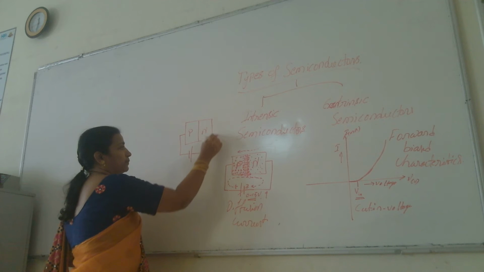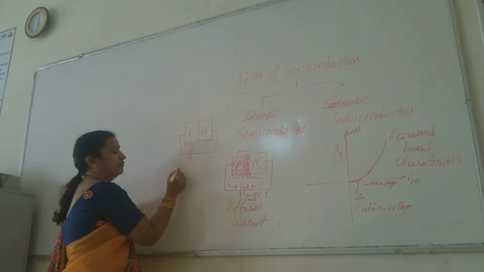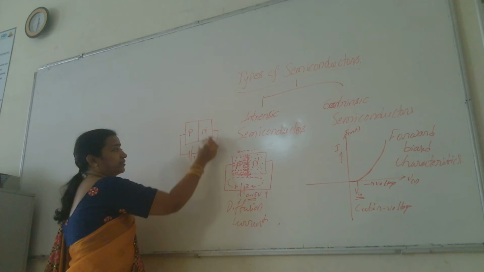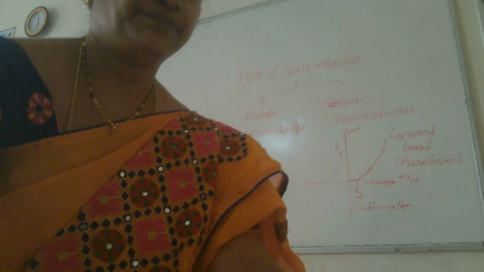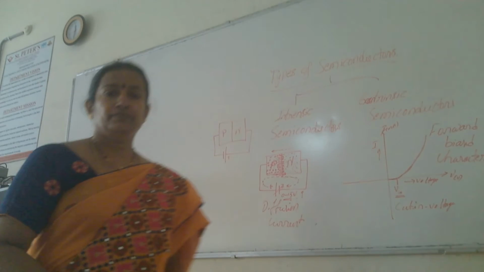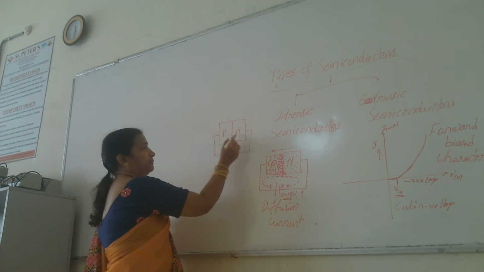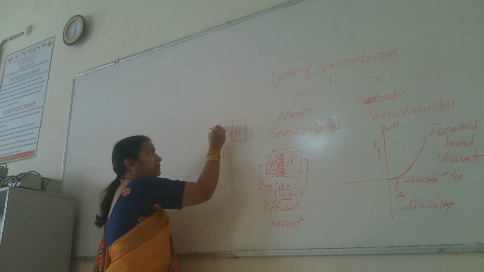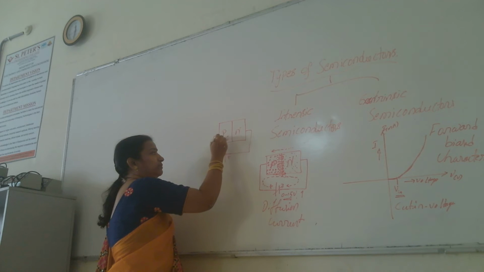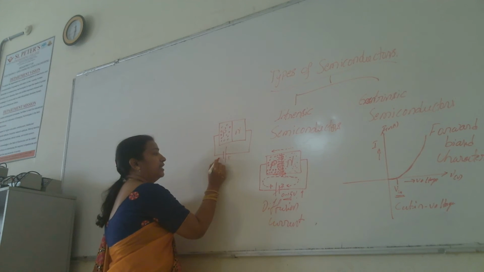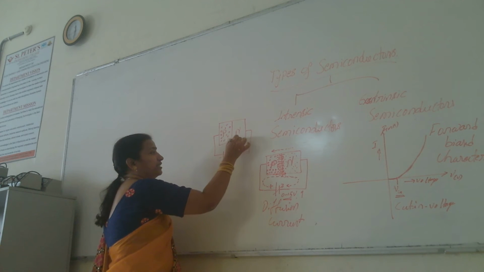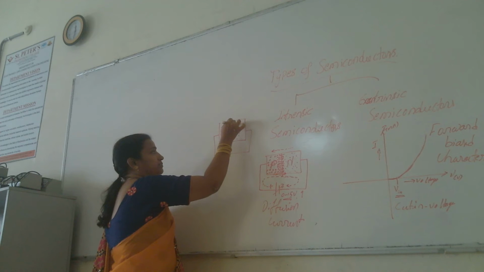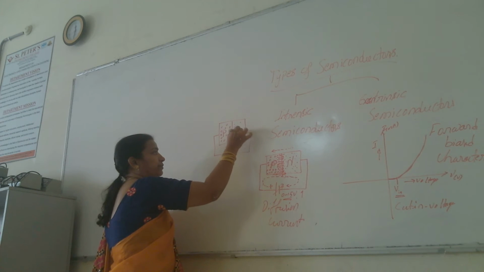Negative polarity is given to the P-type material and positive polarity is connected to the N-type material. Here the majority carriers are holes, as we already know, and here the majority carriers are electrons, whose polarity is negative.